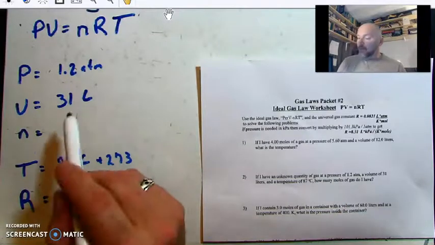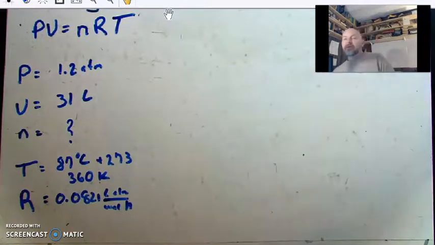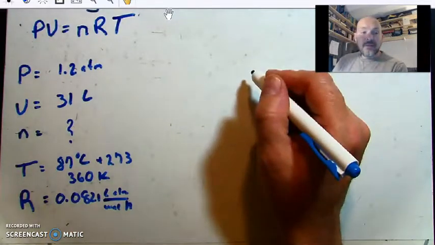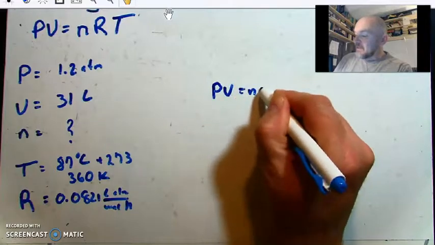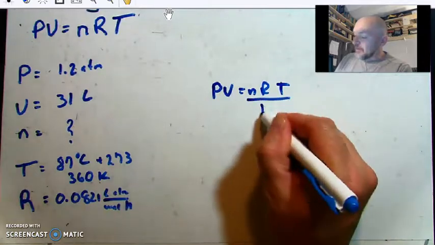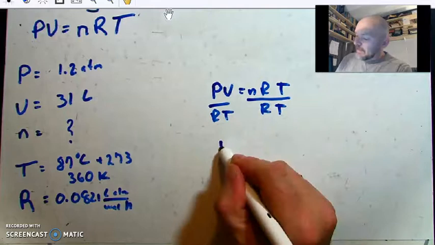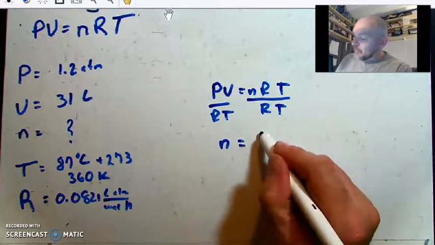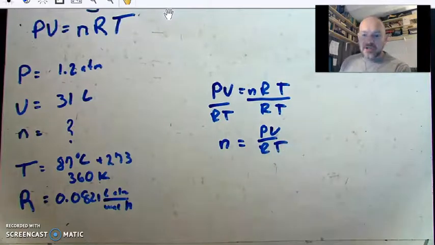And then how many moles of gas do I have? So again, as I'm looking through this, use my ideal gas law, PV equals nRT. In this case, I'm solving for n, so I'm going to divide both sides by RT. So that gives me n is equal to PV over RT.